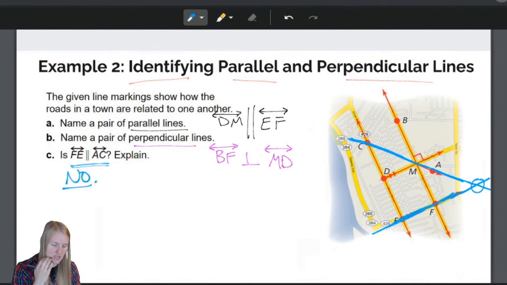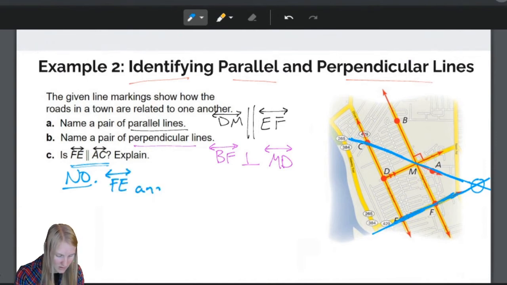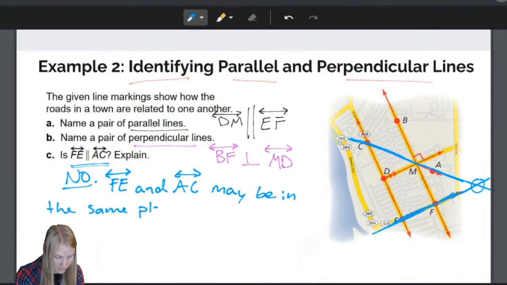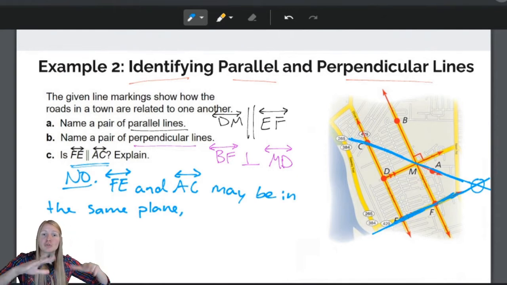No. Because line FE and line AC may be in the same plane. And they are, right? Because we're talking about roads, and roads are on the ground.